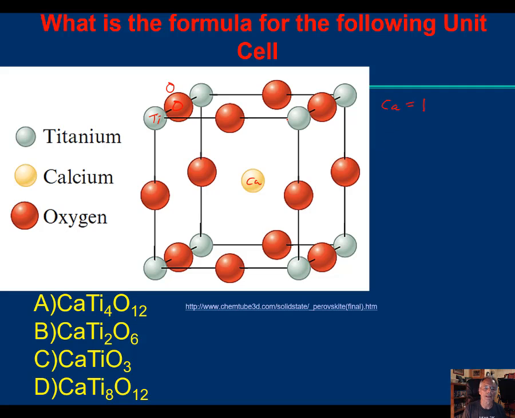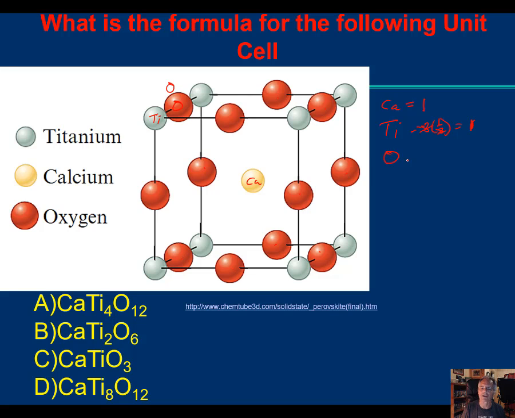And then let's take a look at the titanium. For the titanium, what you have in the corners, so that's 1/8, and there are 8 of them, so that's going to be 8 times 1/8. Those cancel, and so that gives us 1 titanium. And then we have 1, 2, 3, 4, 5, 6, 7, 8, 9, 10, 11, 12 of the edge-centered.